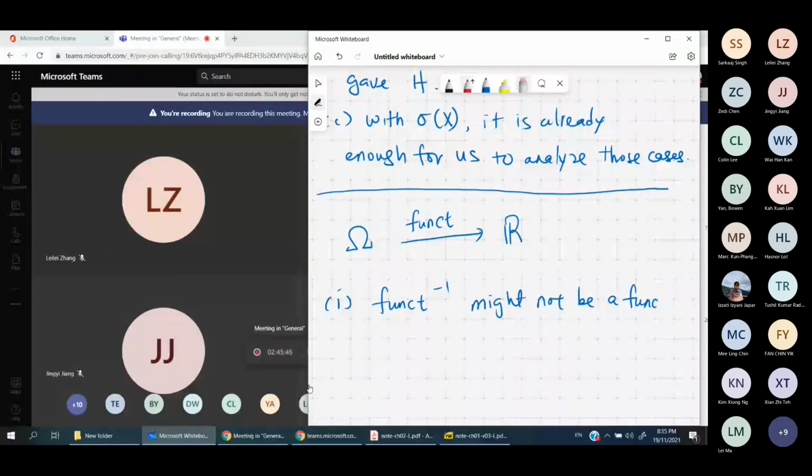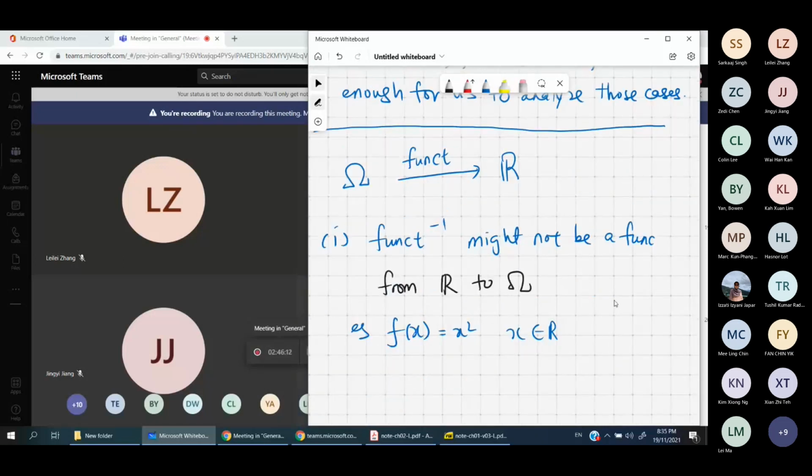To be more precise, this might not be a function from R back to omega. We have to be very specific here. So that answers your first question.